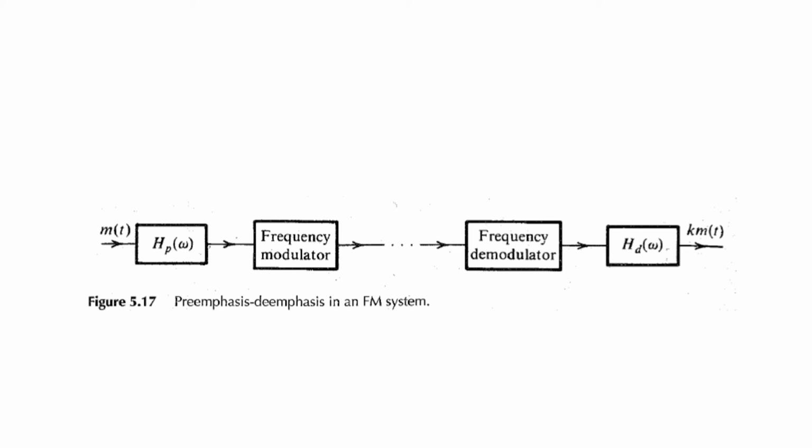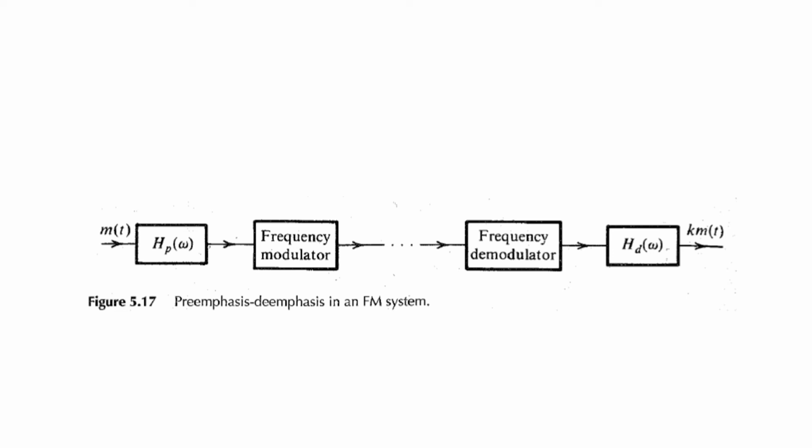Now this pre-emphasis filter provides a gain to frequencies from 2.1 kHz to 30 kHz. This higher frequency of 30 kHz is a standard value. For the frequencies less than 2.1 kHz, the gain is 1.